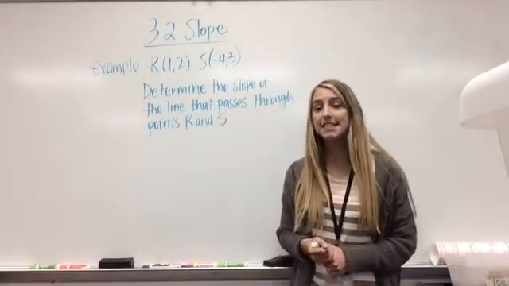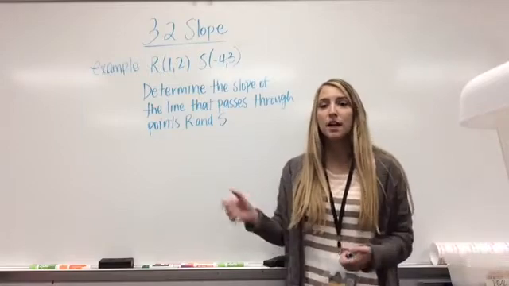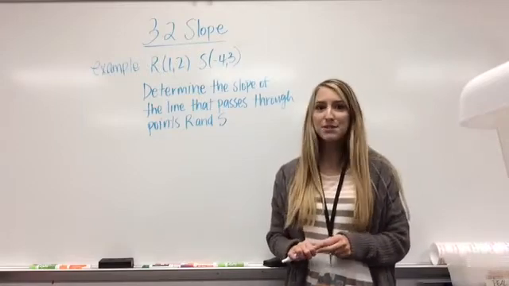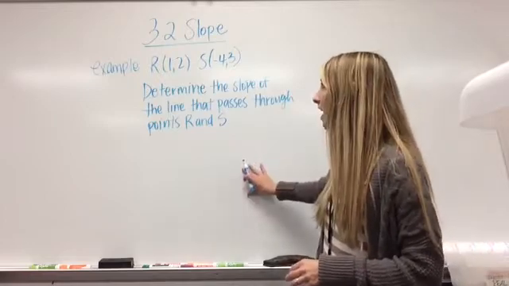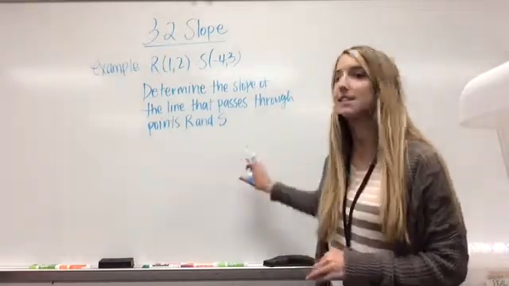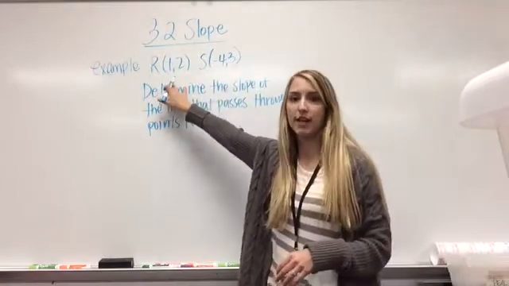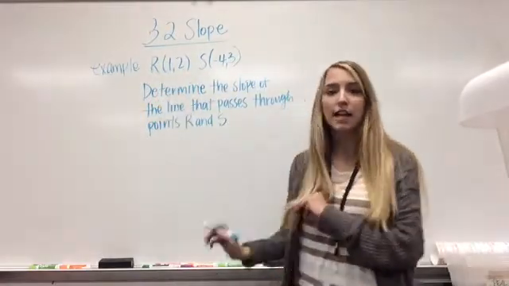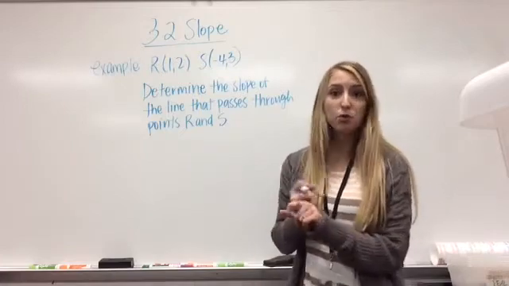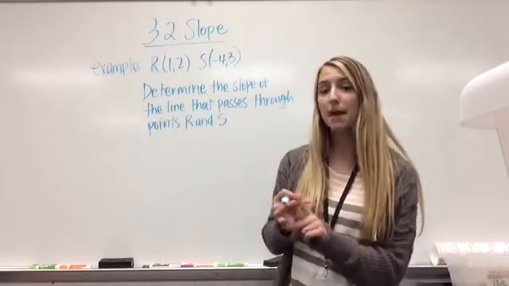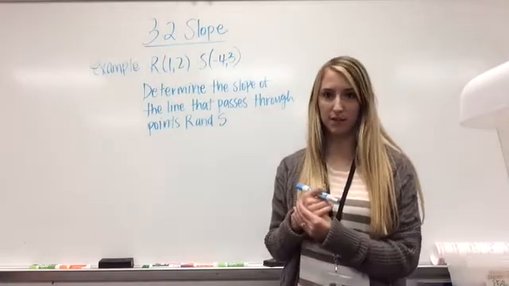Okay, this is our last and final example, so that means this video is almost over. We're going to try to find the slope of the line that passes through these points. Like I just said in the previous example, whenever we're given ordered pairs or a table, we're going to use the lovely formula.